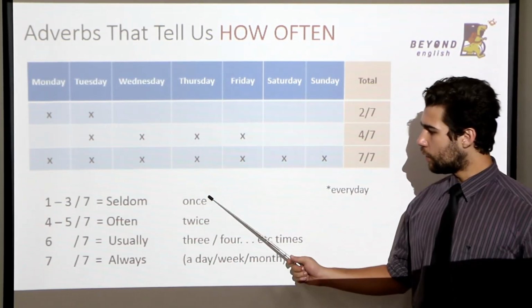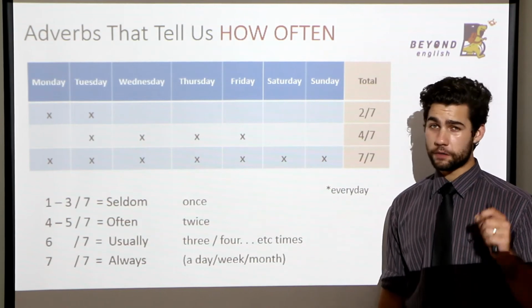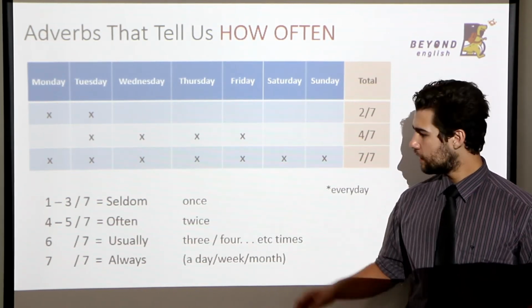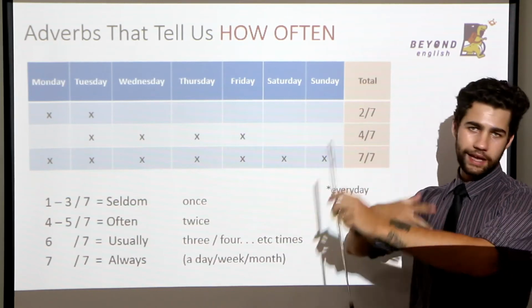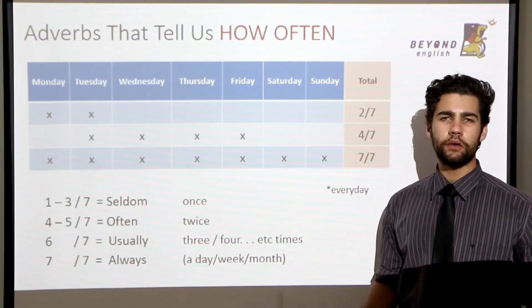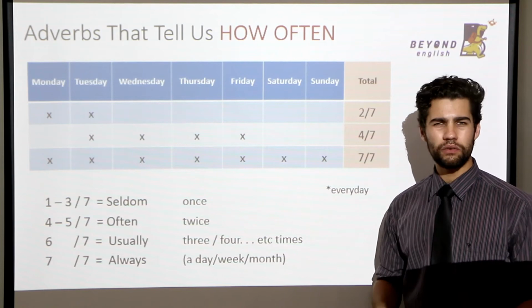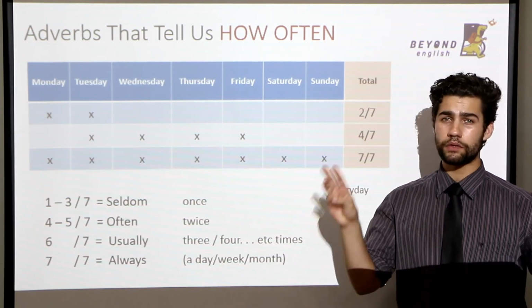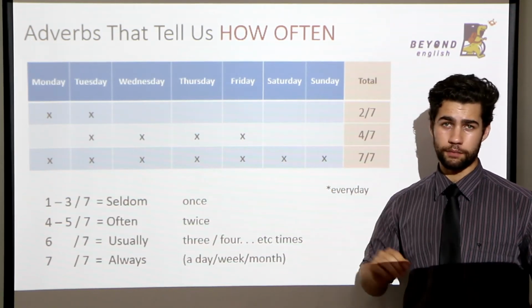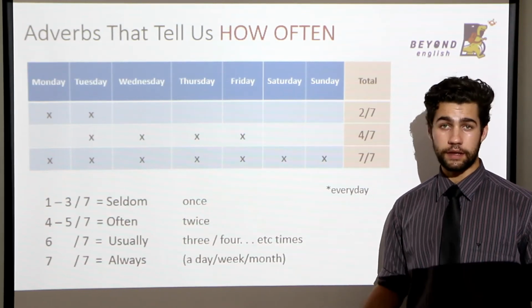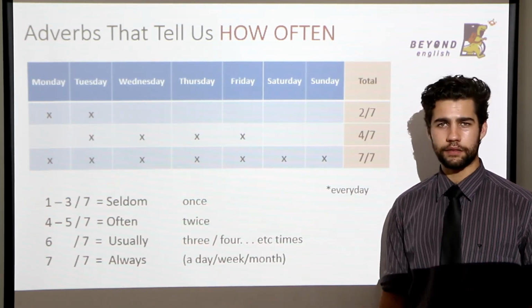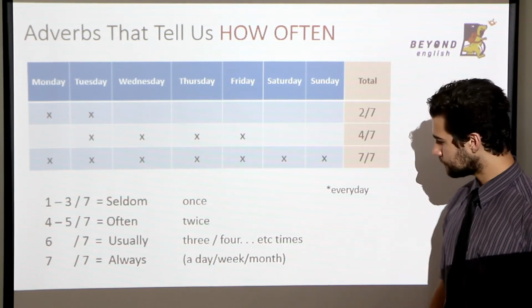Remember, 1 and 2 are special, but 3, 4, 5, 6, 7, 8, we can just use the number and the word times. So, 3 times, 4 times, 5 times, 6 times, a day, a week, a month. Okay.